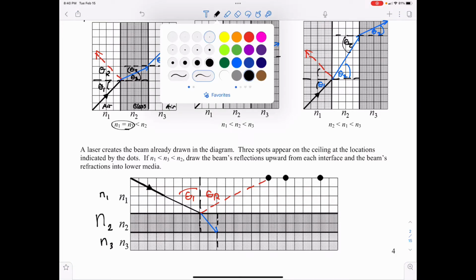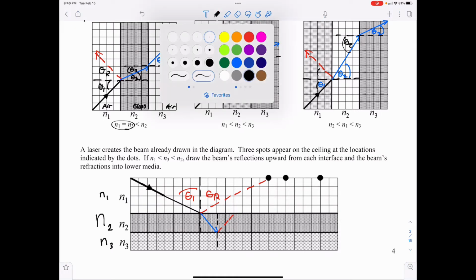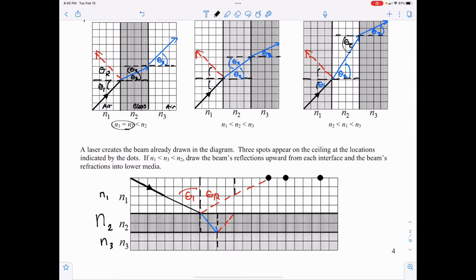Okay, I would expect it to reflect upward like this. And then as soon as it reflects upward, notice I'll have a new normal at this position here. And since this is air, you would expect the way it reflected here to be the same as it's exiting here.